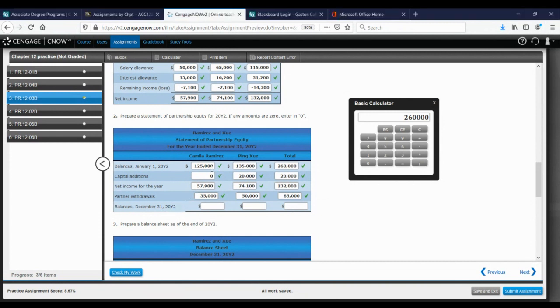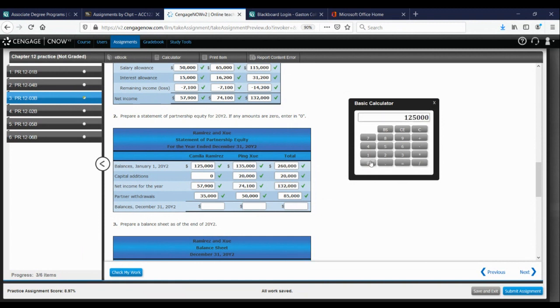So we're going to start with our beginning balance. We're going to add any capital addition. We're going to add any net income, but the withdrawals will be deducted to determine the ending capital balance. So for Ramirez, the beginning capital was $125,000. The beginning amount of the partner's equity for Ramirez was $125,000.